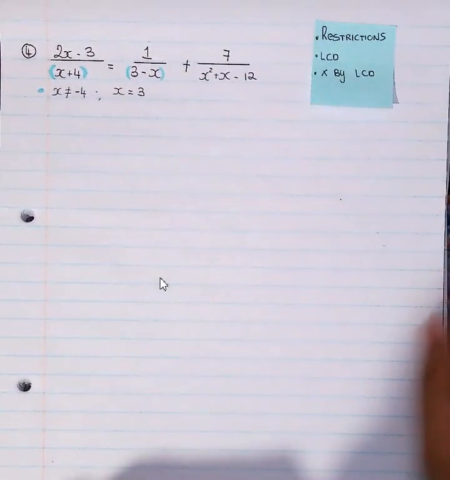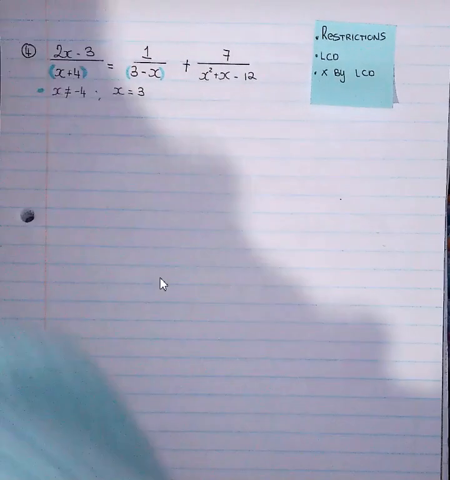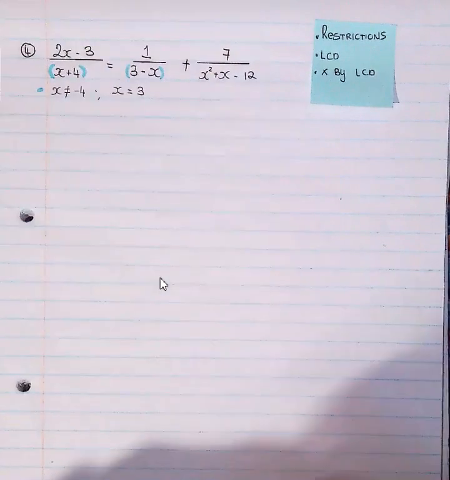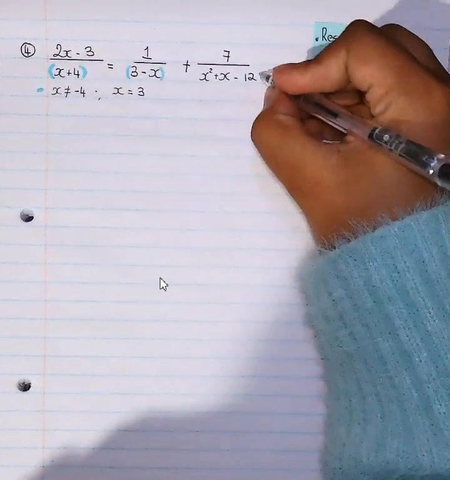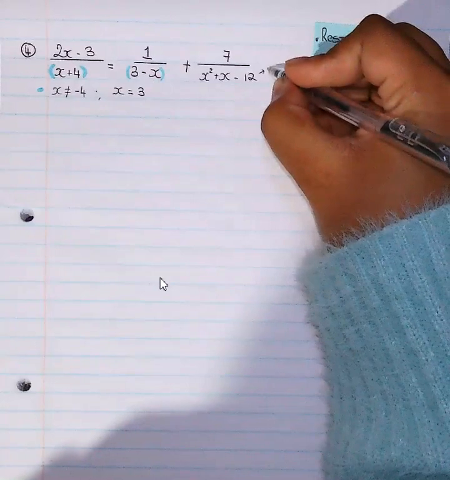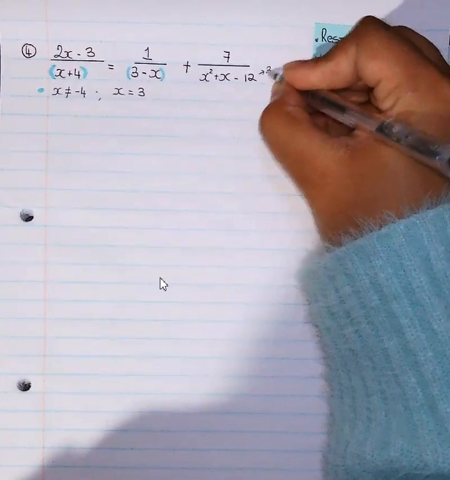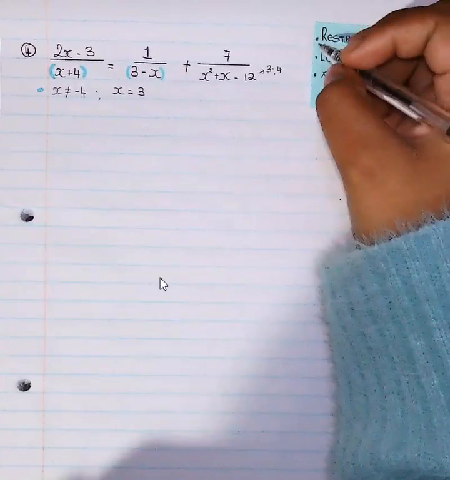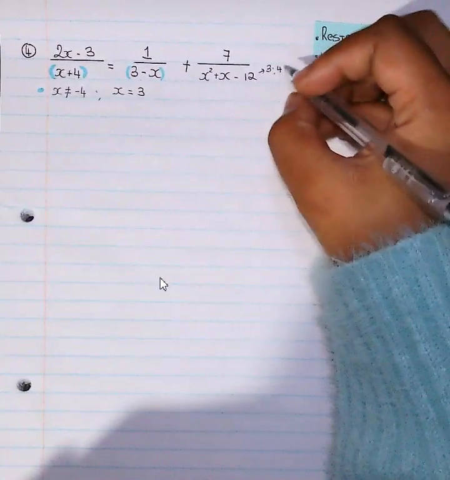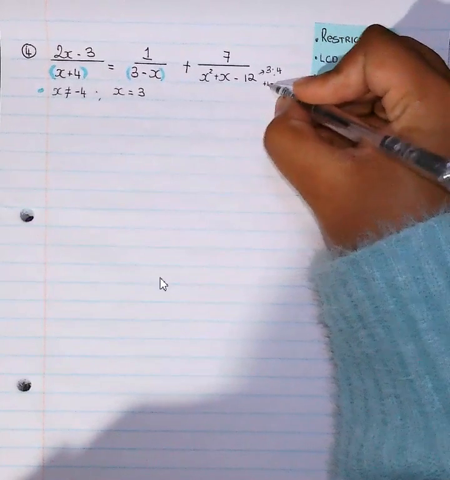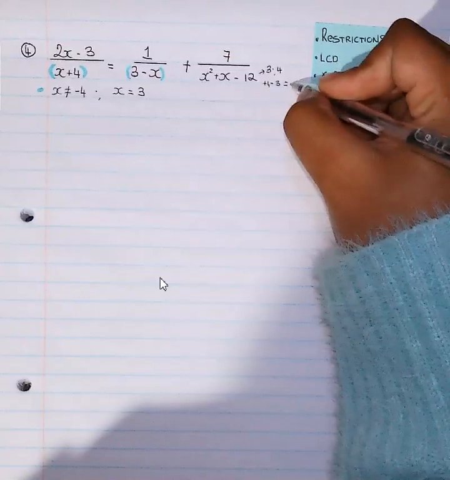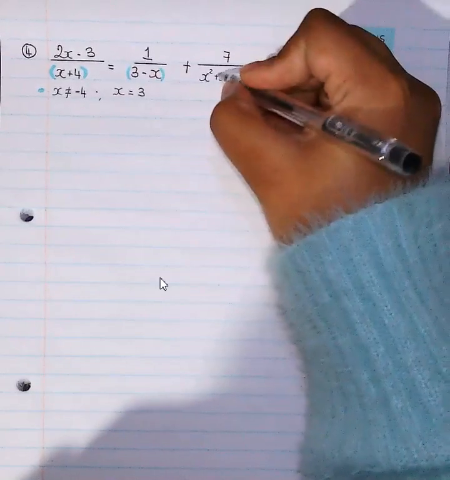But then we see x squared plus x minus 12, which is a trinomial. So we look for the factors of 12. We take 3 and 4, I think that is the one that will work for us. If we go plus 4 minus 3, we will get our plus 1 for the middle term.